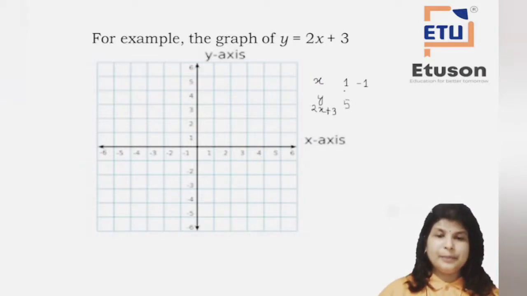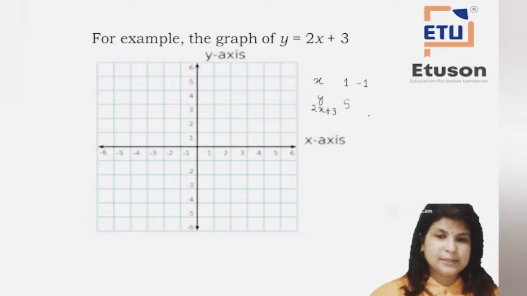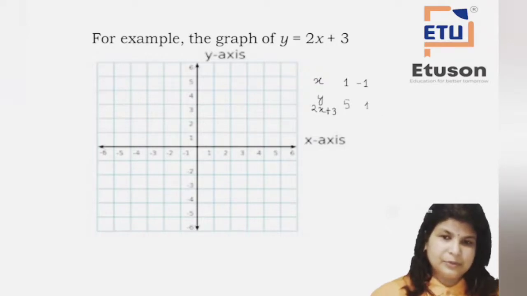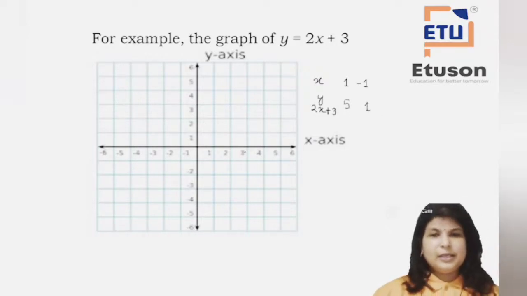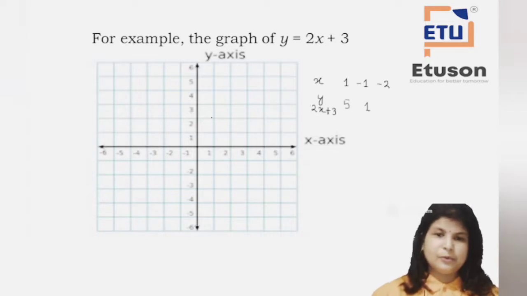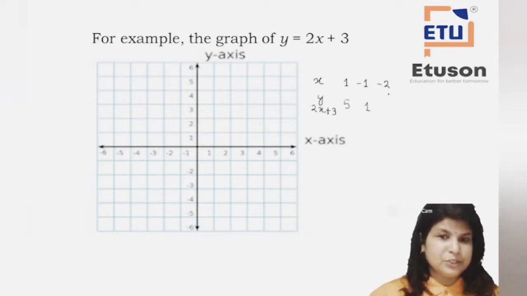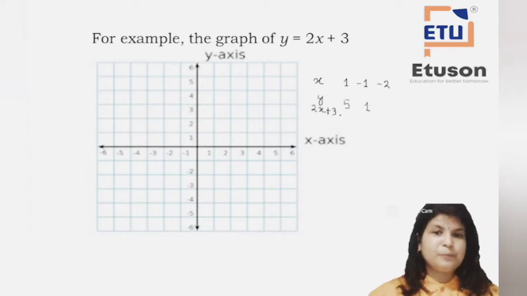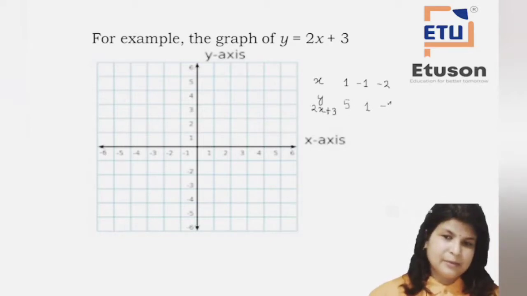So y will be 2 into -1, that is -2, plus 3, that is equal to 1. Again, suppose I take -2. What will be the answer then? 2 into -2 is -4, plus 3, that is -1.